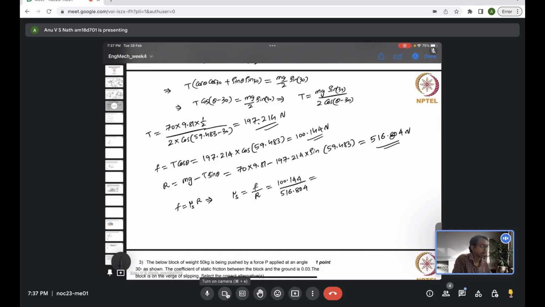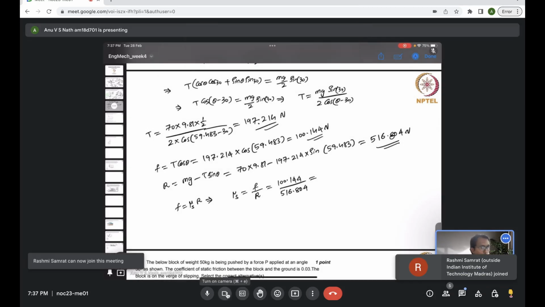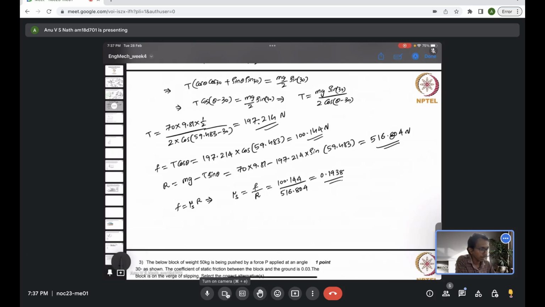So if we just evaluate it, we will get the value of the friction coefficient to be 0.1938. So we can round to 2 decimals, which is 0.19. So that's the answer. Is this clear?